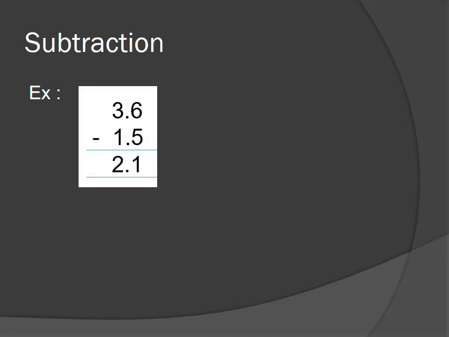First example, 3.6 minus 1.5. So you know you have to get the difference of the numbers in the tenths place. 6 minus 5 is equal to 1. 3 minus 1 is equal to 2. So the final answer is 2.1.